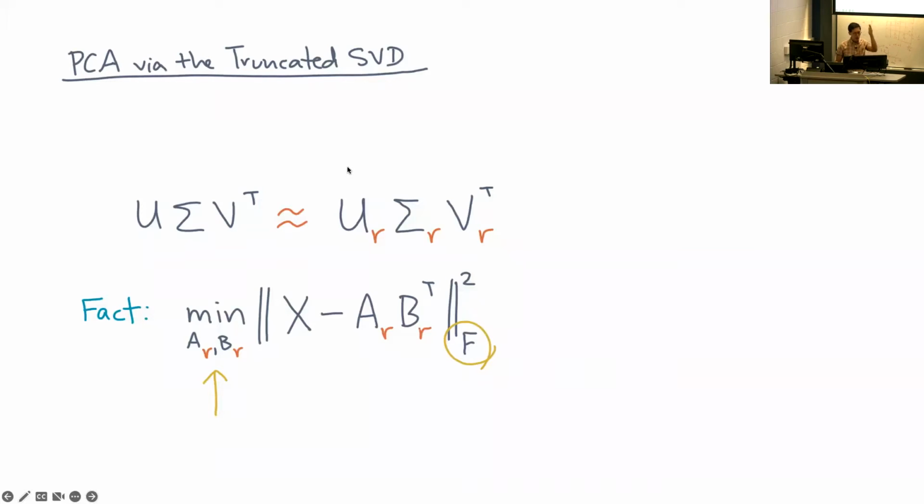Each singular vector that I take could be an axis. If I want to go from 17 dimensions to 2 dimensions, and I want to know which of these singular vectors I should choose, then this fact suggests I should pick the top 2 singular vectors as the axes of my 2-dimensional representation.